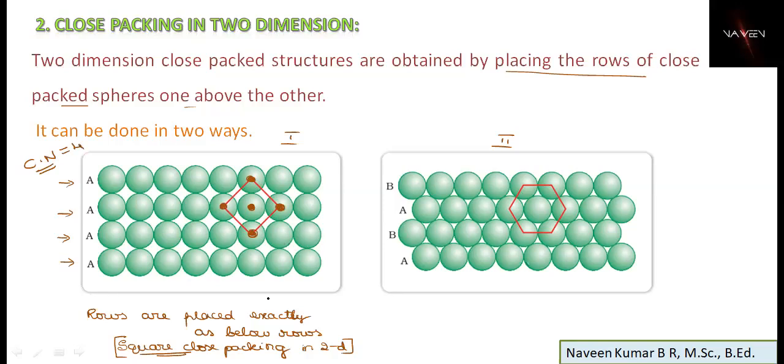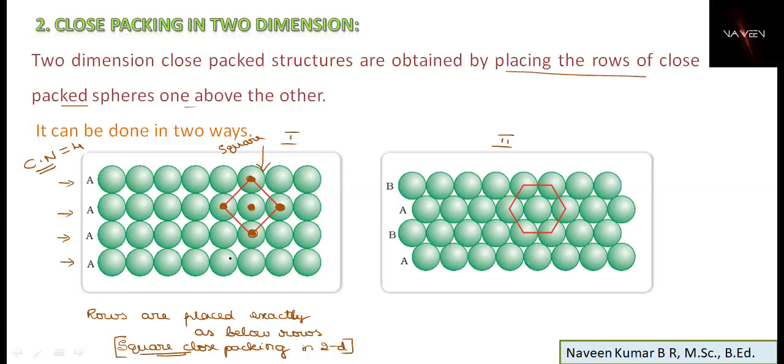Now why is it called square close packing? Because if you join the centers of the spheres which are in contact with a particular sphere, we'll get the shape of a square. As a square shaped structure is formed if you join the centers of all the neighboring spheres, it is called square close packing.